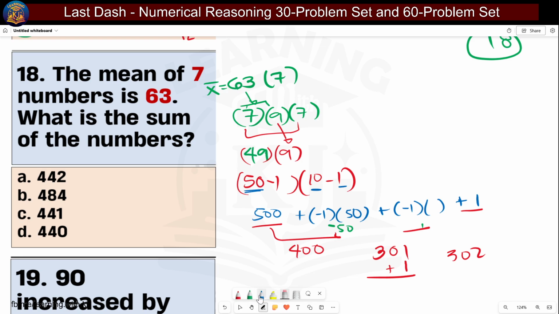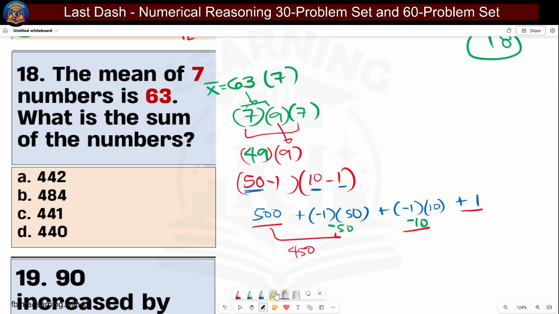Kaya minsan ginagamit ko rin yung FOIL method, kasi may mga instances na ganito. So, instead of negative 9, negative 10 na siya. Mas madali siyang i-add. Okay? So, this one, di na siya 400. 500 minus 50 is 450. Tanggalin natin to, kasi mali yan siya.